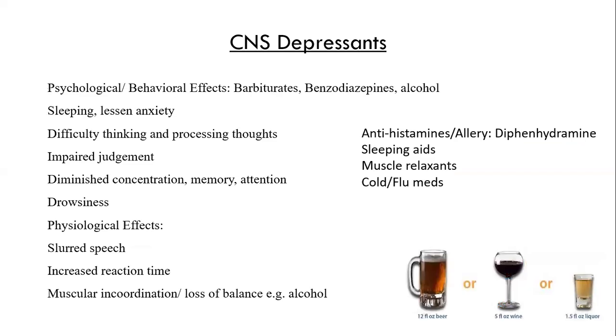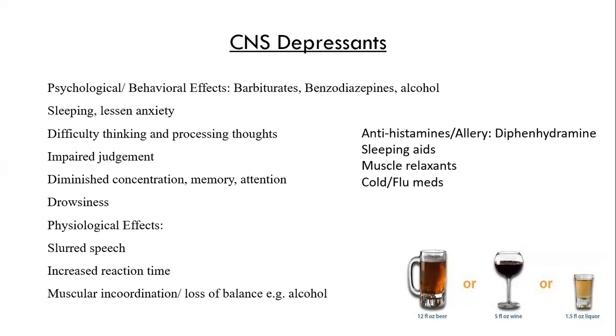We have also central nervous system depressants. Some of them belong to barbiturates, benzodiazepines, and alcohol. What they do is depress the activity of the central nervous system. Just like stimulants make the central nervous system activity high and alert, these ones depress its activity and make the central nervous system very slow.